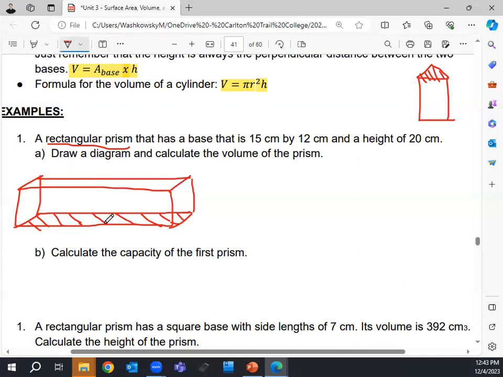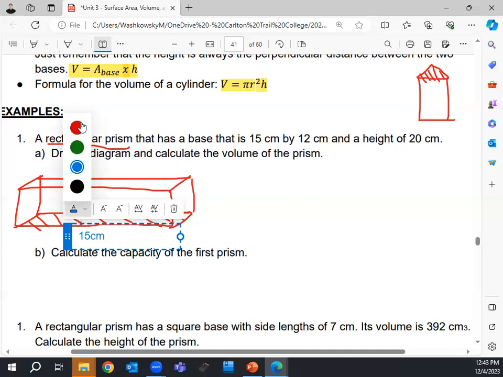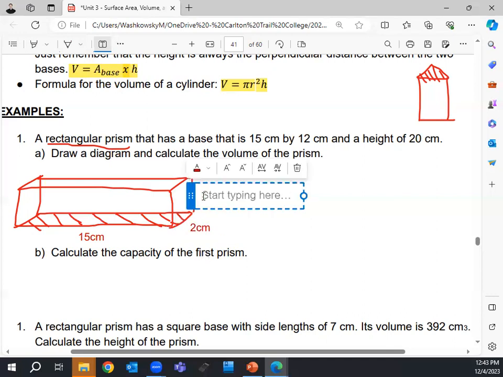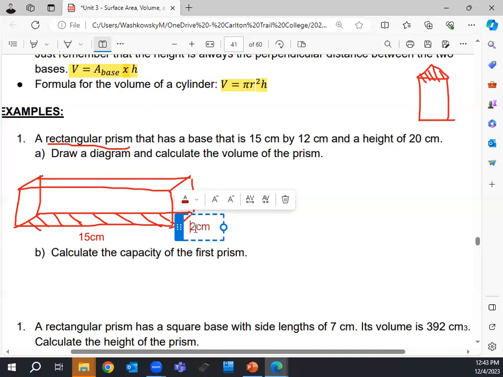So it's saying the base is 15 times 12. I'm just going to quickly put that in there. 15 centimeters times 12 centimeters. And it's saying it has a height of 20 centimeters. So all I'm doing is labeling the three things.